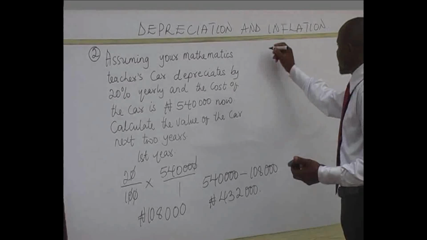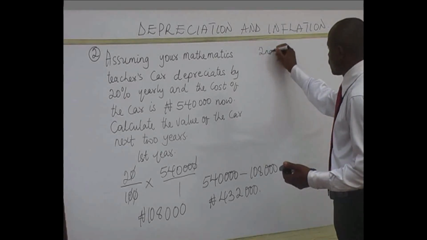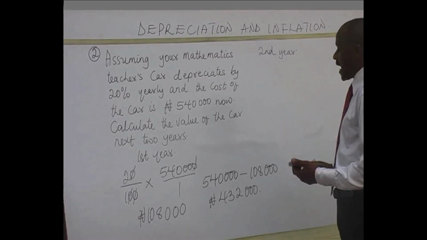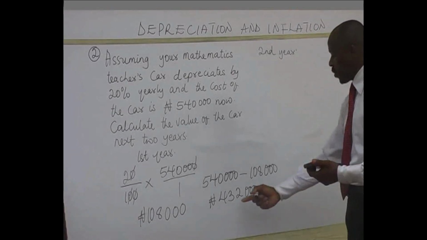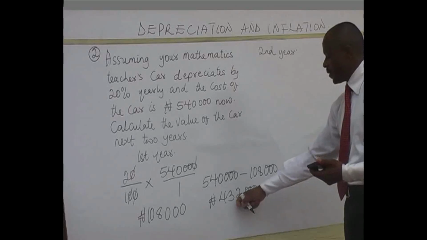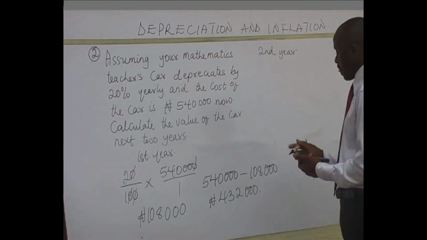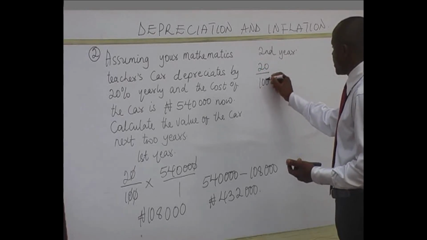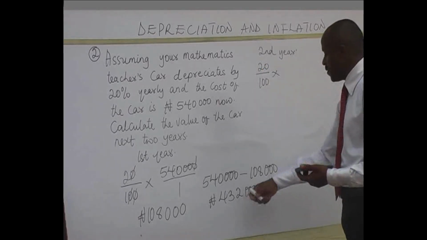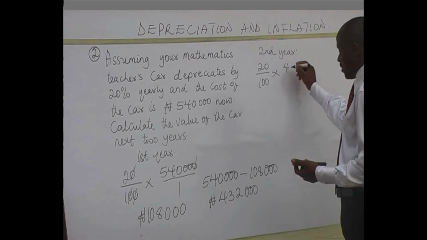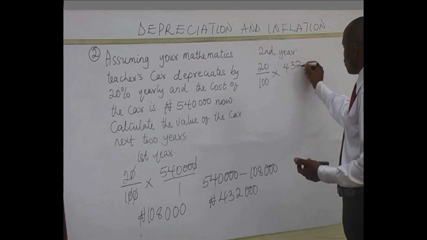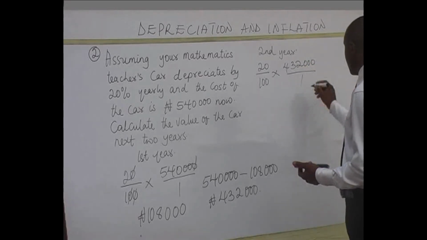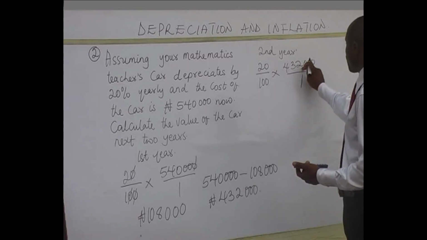Then after the second year, the value of the car will still depreciate by 20% of its value after the first year, which is 20 divided by 100 of its value after 1 year, which is now 432,000. So whatever you have here, still subtract it from 432,000.